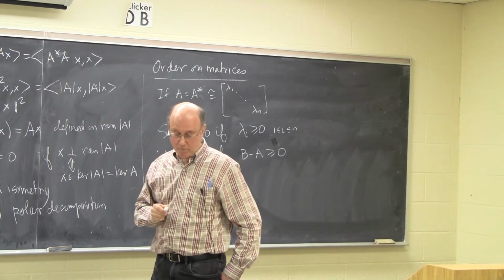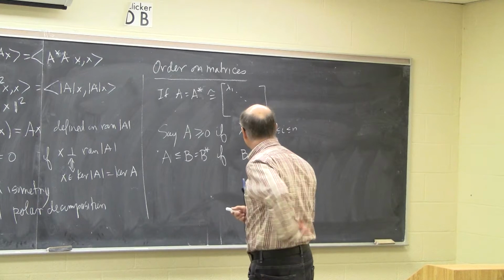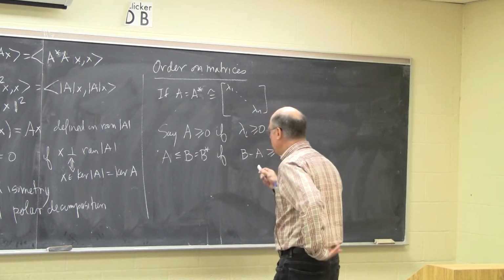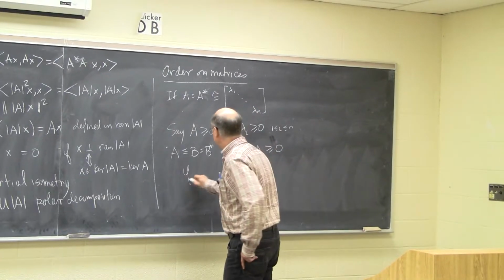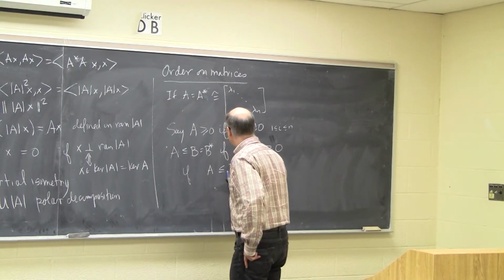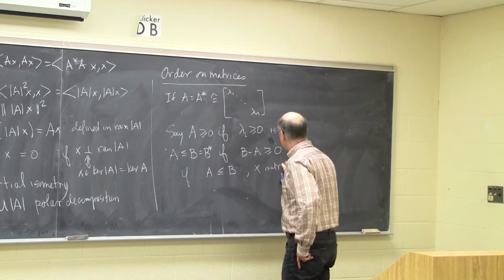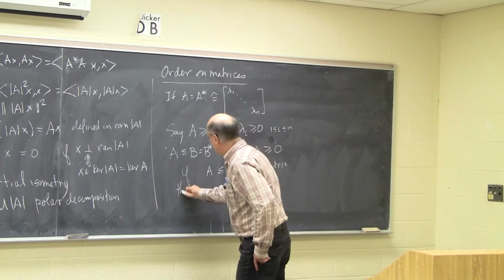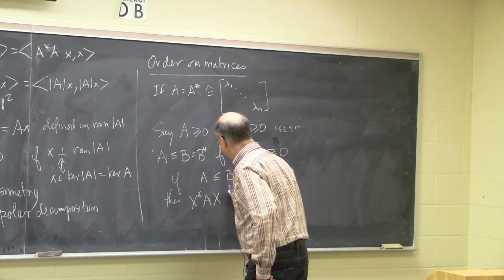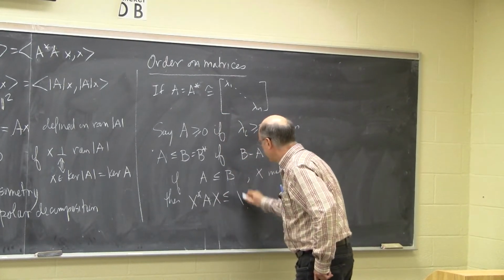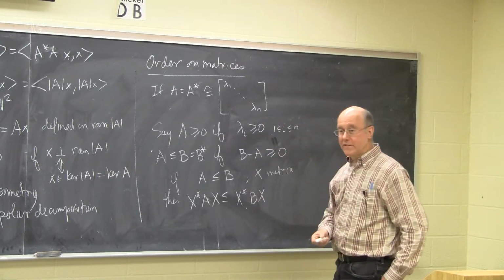All right. And so I want to use this order to do a couple things. One I want to note is that if A is less than B and X is a matrix, then X star A X is less than or equal to X star B X. Why is that?